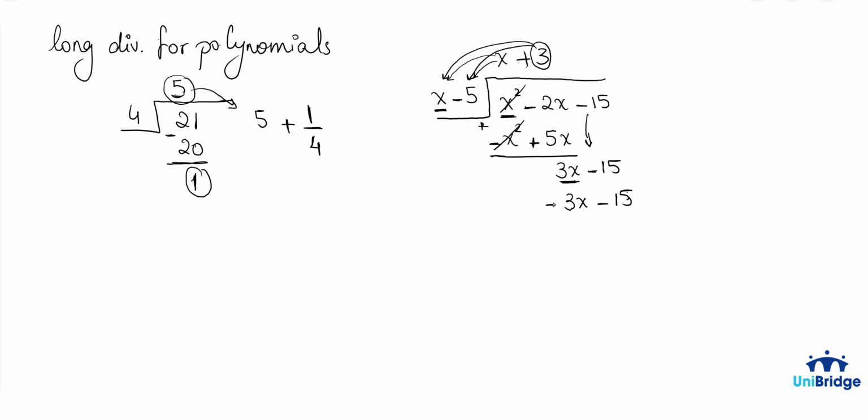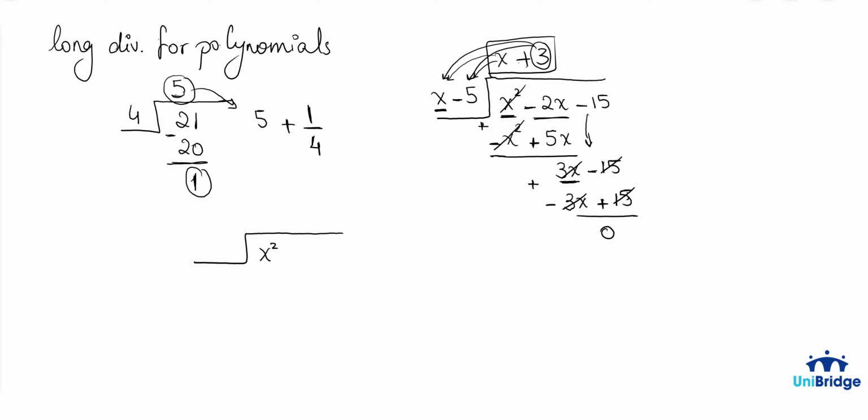You change the signs and you add. So here these cancel out and these cancel out, so you get a remainder of 0. So this is as if you're saying that x squared minus 2x minus 15 divided by x minus 5 gives you x plus 3.